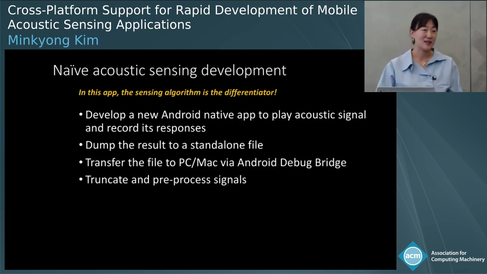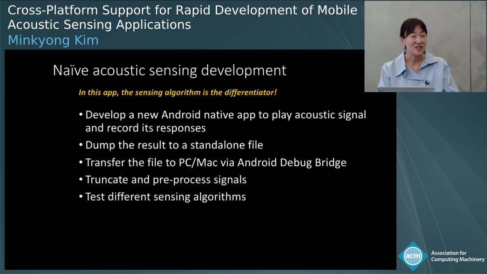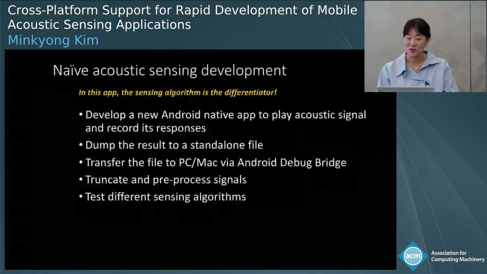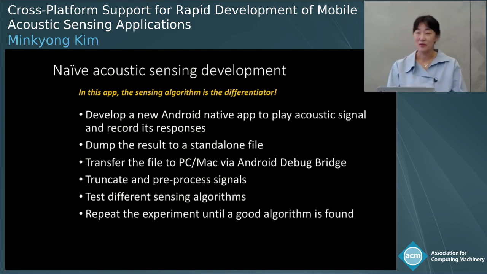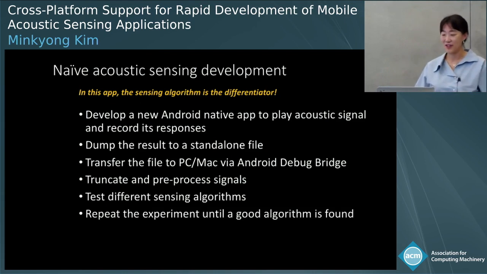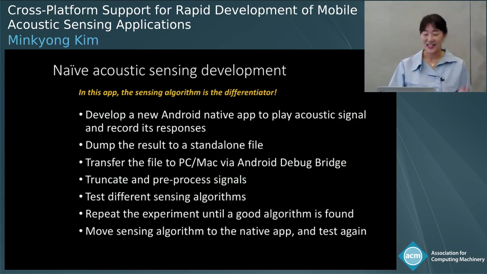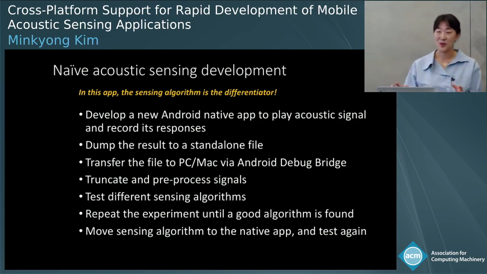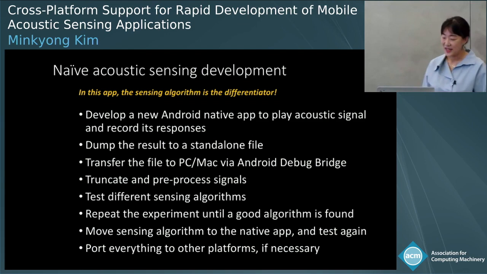It doesn't have to be MATLAB; it could be Python or anything like that. But using MATLAB, which provides so many built-in tools and visualization, they do some pre-processing of the signal, and test different sensing algorithms to develop new ones, right? And then repeat the experiment until they have the perfect algorithm. Then they actually have to copy this whole thing into the native app and test again, and port everything afterwards to another platform.